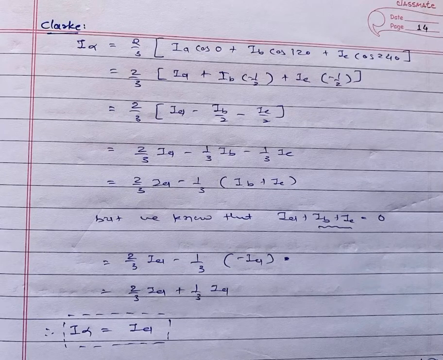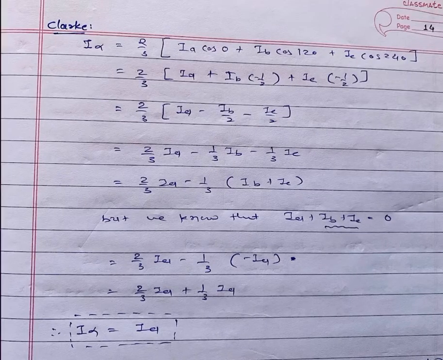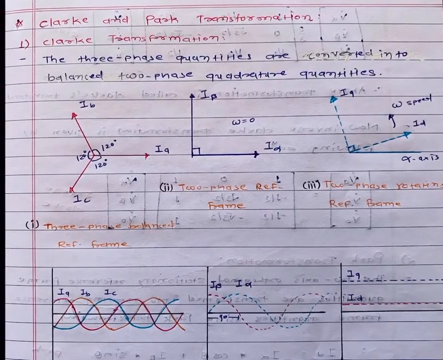So now the Clark transformation. It is given by I alpha is equal to 2 by 3 multiplied by IA cos 0 plus IB cos 120 plus IC cos 240. We can see from the figure that I alpha is in phase with IA, that's why it is written like this.